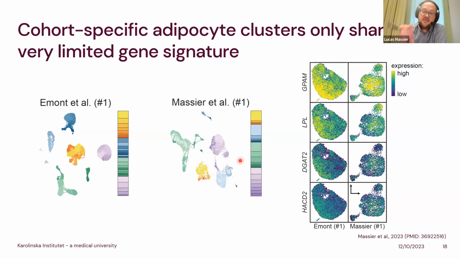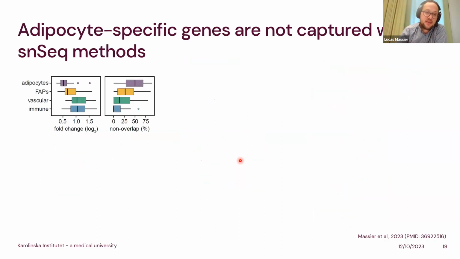However, we saw that only very few marker genes were overlapping between these adipocyte clusters. And then if we looked at the overall fold change of marker genes within adipocyte clusters, we observed that they are quite low compared to the background information, or much lower than, for example, vascular or immune cell marker genes, which suggests to us that they are less specific.